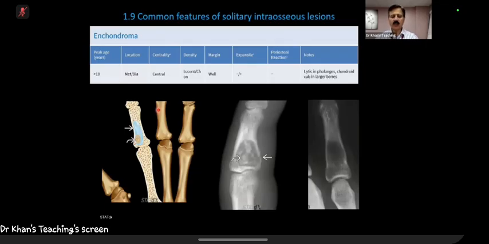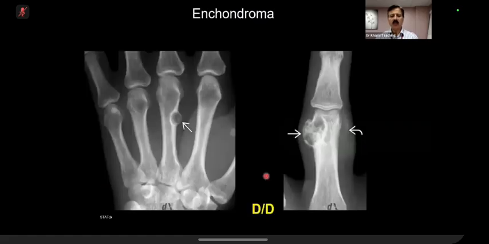And you will get a lucency. You might get chondroid matrix or might not get chondroid matrix. So remember that both types of pictures can happen. At times you will get it with a fracture like this case. So both types are possible in the exam.